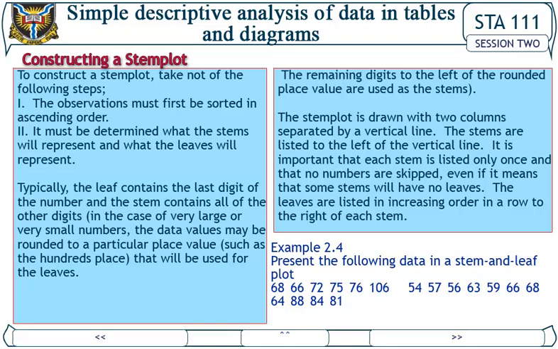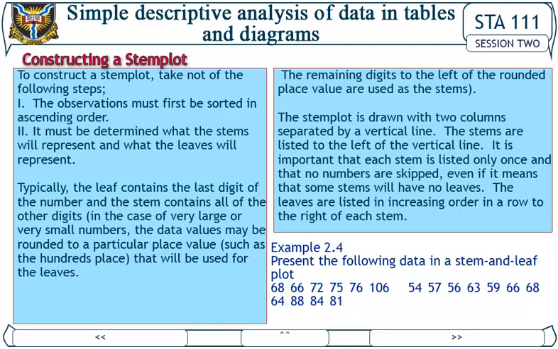In the case of very large or very small numbers, the data values may be rounded to a particular place value, such as the hundredths place that will be used for the leaves. The remaining digits to the left of the rounded place value are used as the stems. The stem plot is drawn with two columns separated by a vertical line.